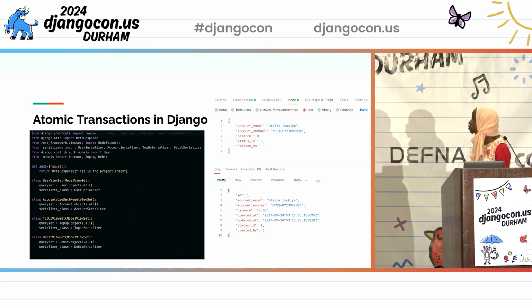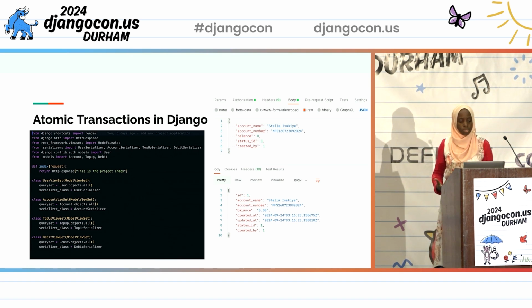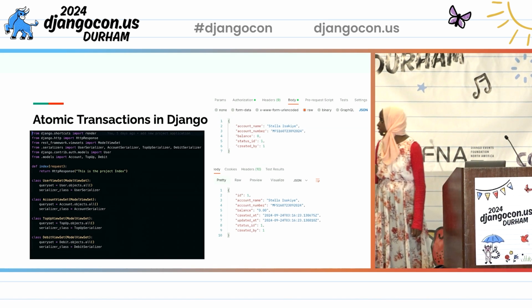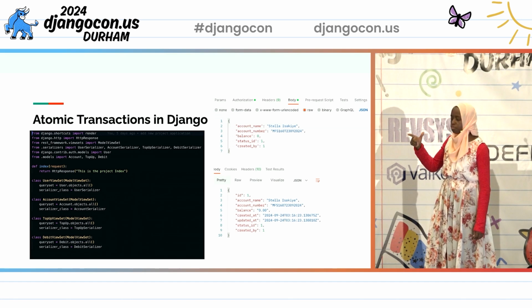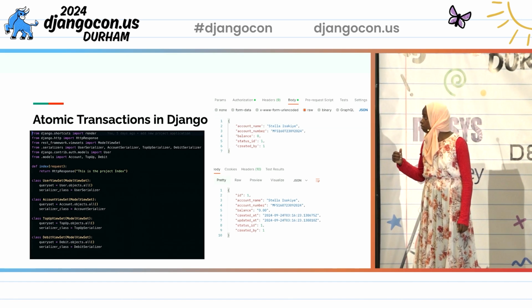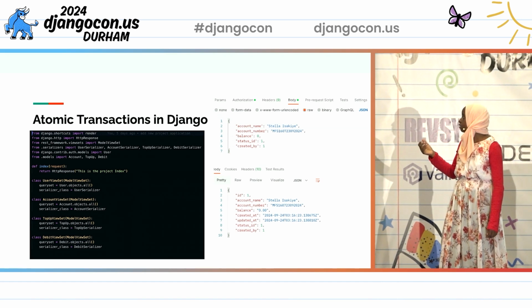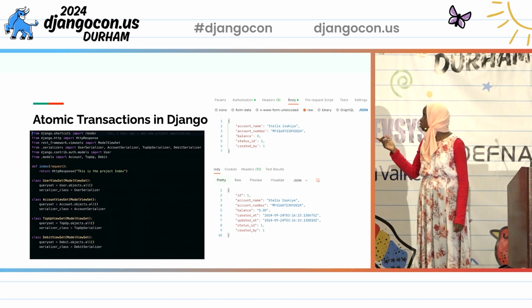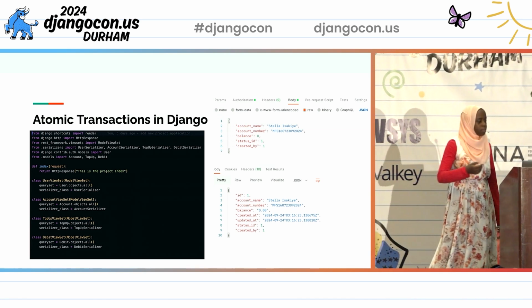I'll probably use the account creation to demonstrate atomicity, but that doesn't mean that you can't apply atomicity to all the other APIs on the list there. It can cover pretty much all things that are listed there.